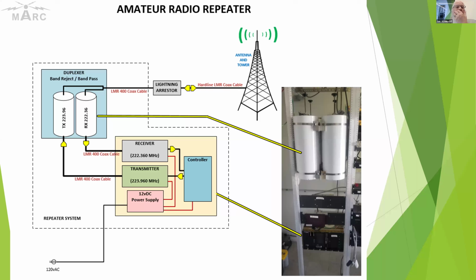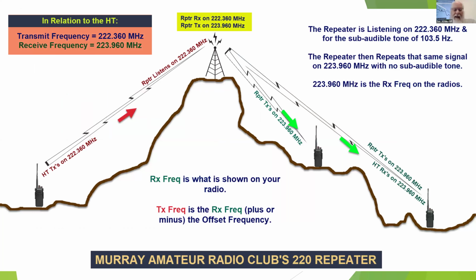Okay, any questions on our repeater system? And for that matter, any repeater system with the same configuration. Okay, so here we have a diagram again as to what's going on. We have the radio transmitting on 222.36.